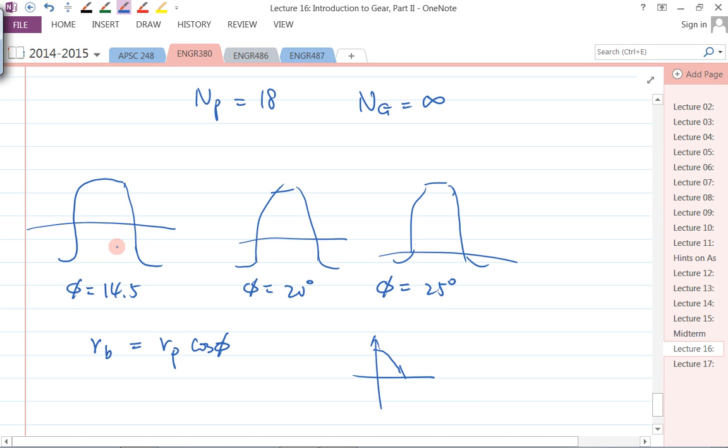So you can imagine, if I'm talking about the smallest number of teeth for the pinion to avoid interference, when phi is 20 degrees, the smallest number to avoid interference, NP, is 13, right? For this one here, what would you expect?